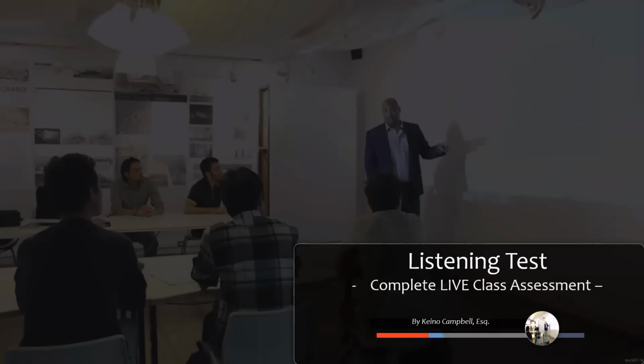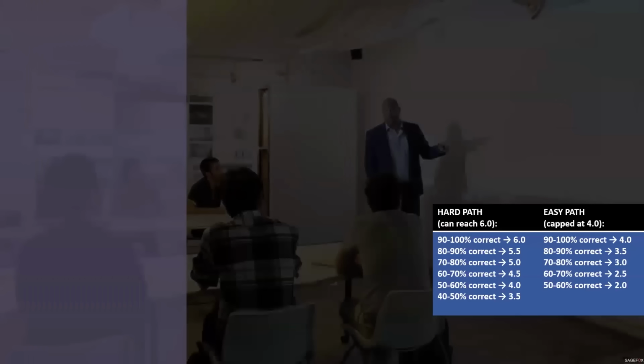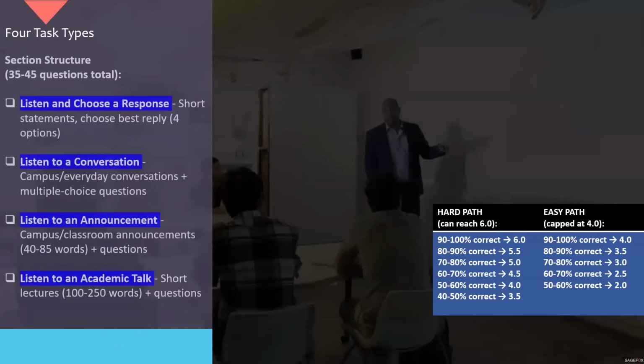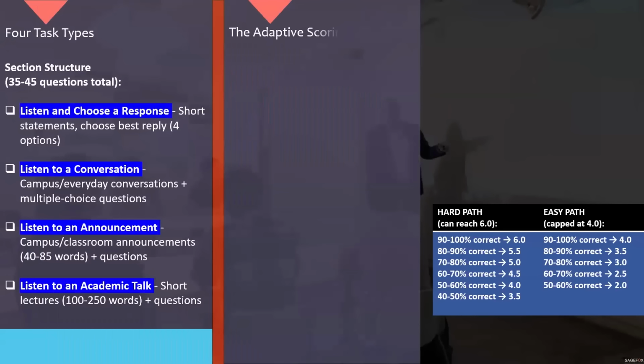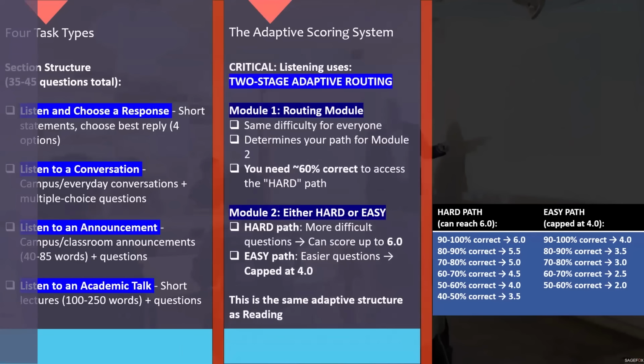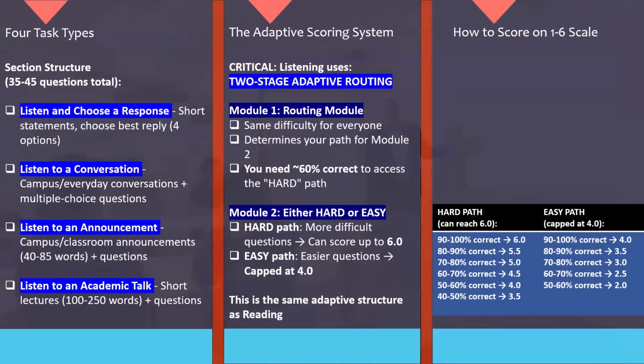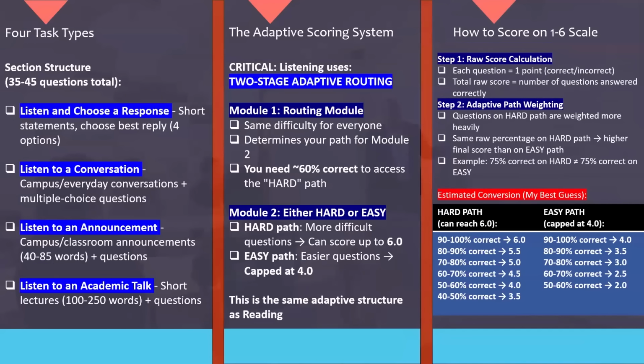So, some people are brand new and have no experience with this test. So, just as a quick review, for the listening section, there are four task types. And normally you have about 35 to 45 questions total. You have first the listen and choose a response question type, where you have a short statement by somebody and you have to choose the best reply.